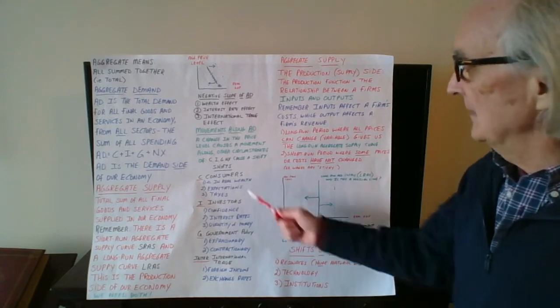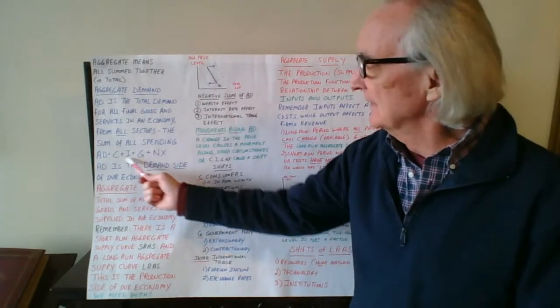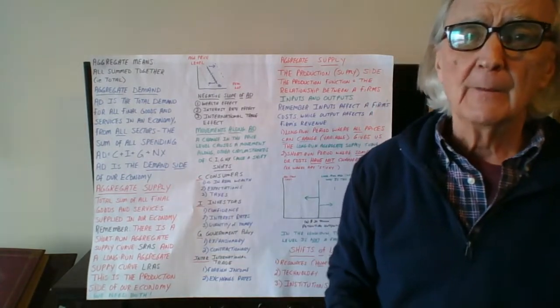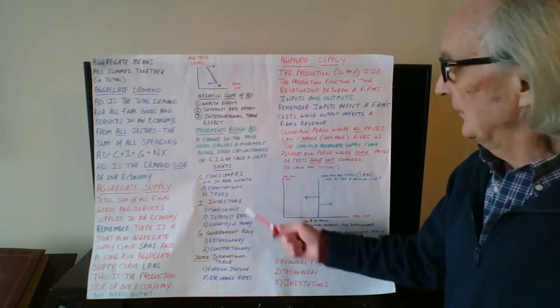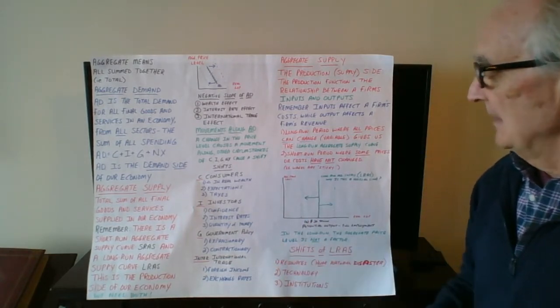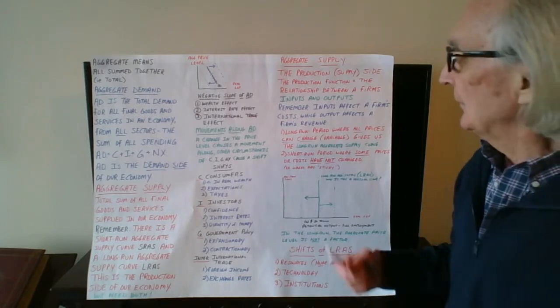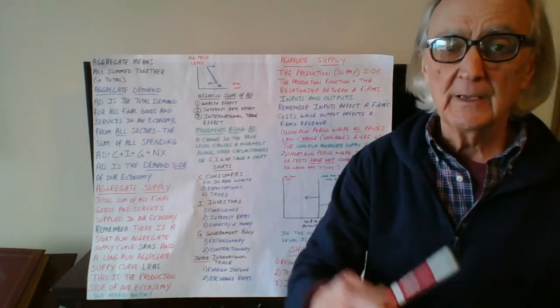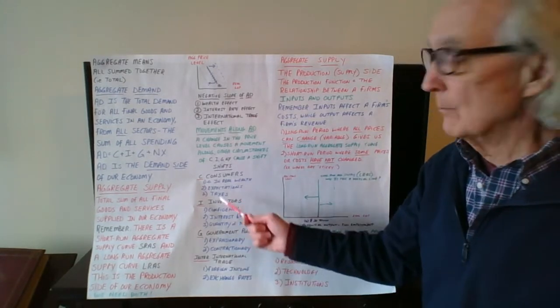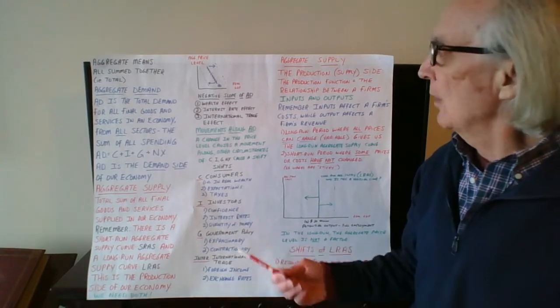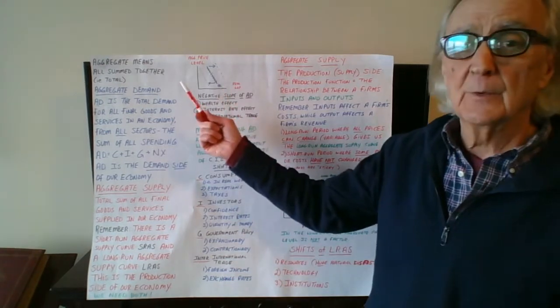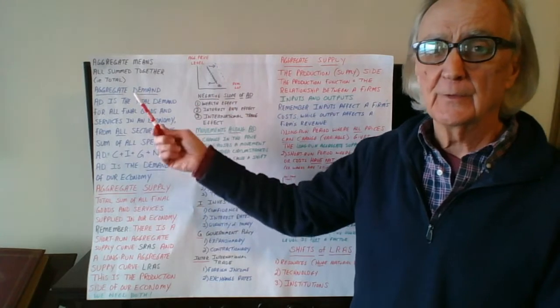And again, what we do is we basically break it down into the four sectors that we just mentioned: consumers, investors, government policy, and international trade. Something happened in one or more of these areas that caused the aggregate demand curve to shift to the right or shift to the left.